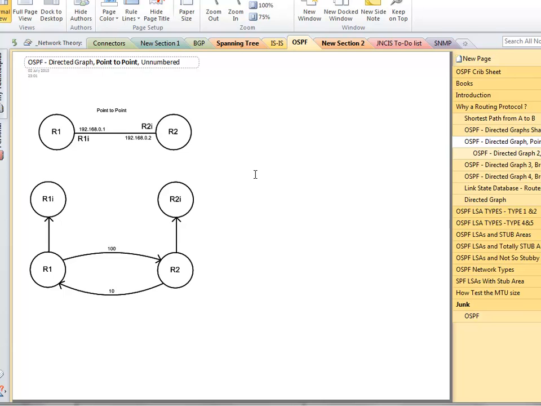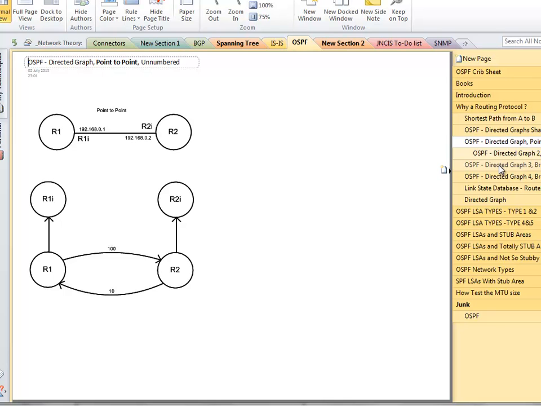The router LSA is the first way that OSPF begins to describe its surroundings. A router sends out this LSA, and it contains information about this is me, and this is who I'm connected to. It can say I'm connected to a particular neighbour, or a particular network, or a transit network. This will become a bit clearer as I work through these slides.